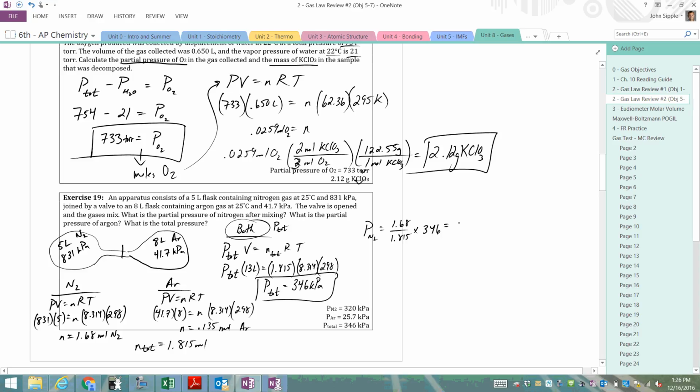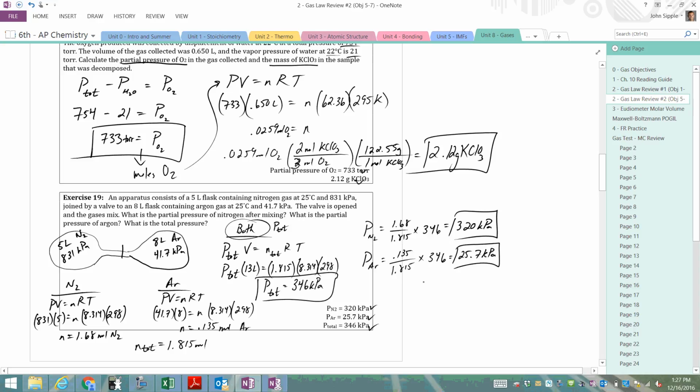So we end up with 340 kPa. And the pressure of argon is equal to the mole fraction, 0.135 divided by 1.815, times the total pressure of 346, which adds up to 25.7 kPa.